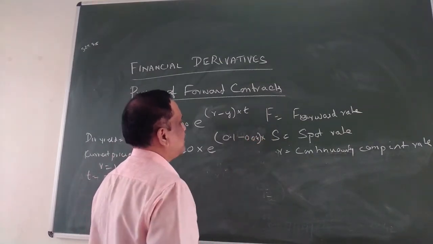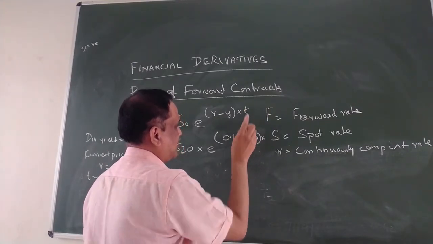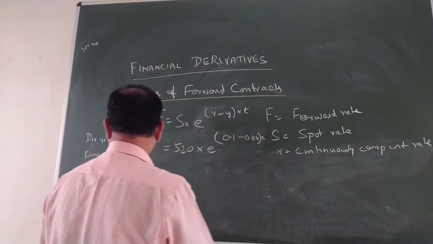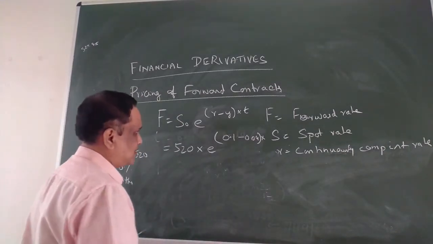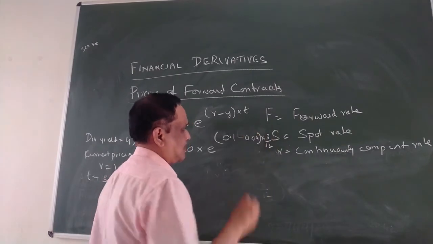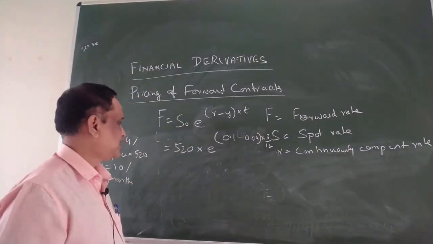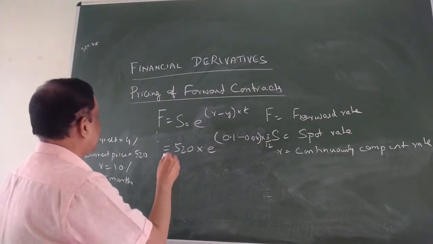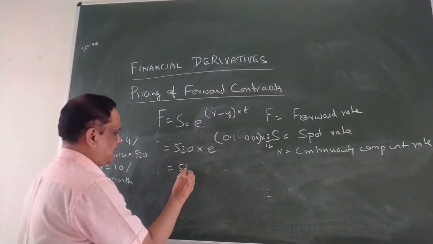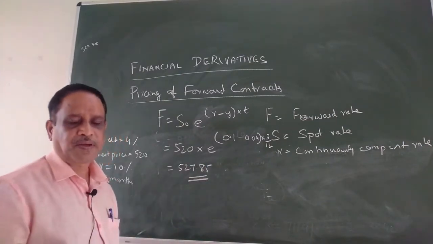So it is 0.1 minus 0.04, multiplied by the time, which is 3 months, so 3 by 12. If you calculate using the exponential, you will get an answer of 527.85. The answer will be 527.85.